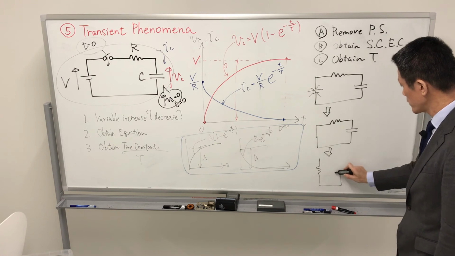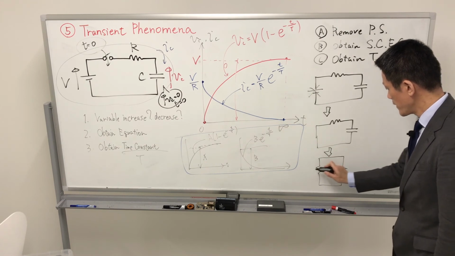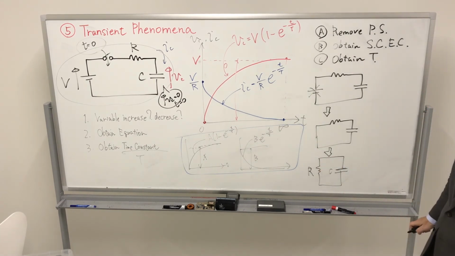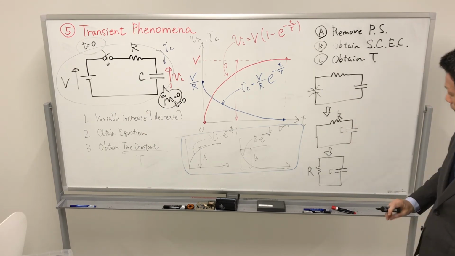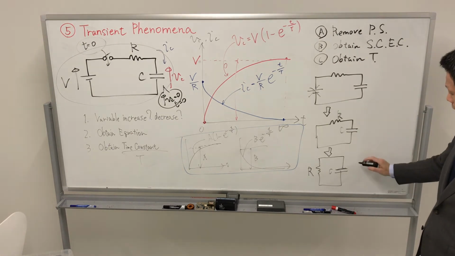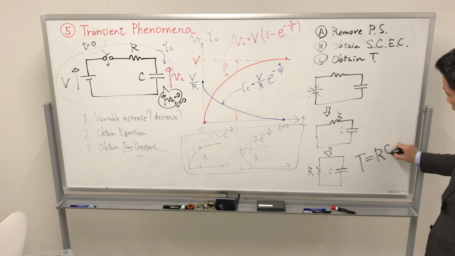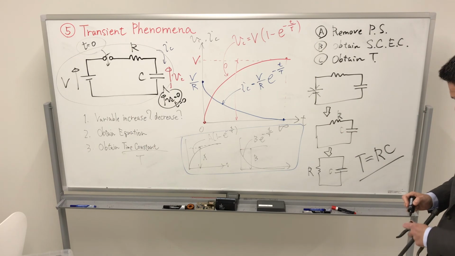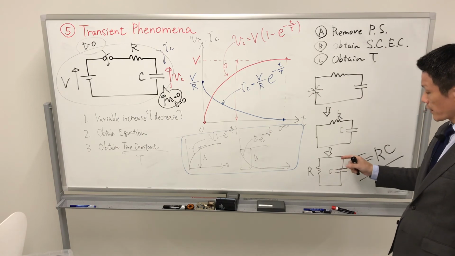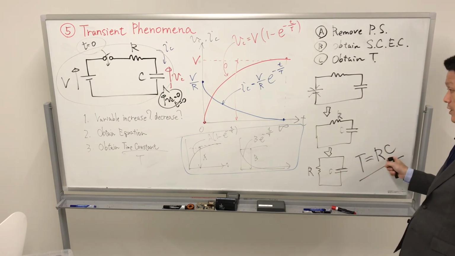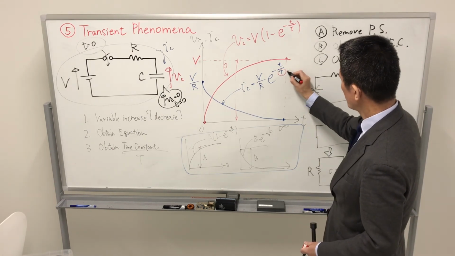It is almost the same one, but with C and R. In this case, the time constant is decided only by this value RC. So with this series-connected equivalent circuit, we can use this law directly and apply this value RC.